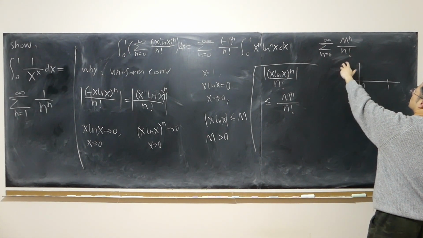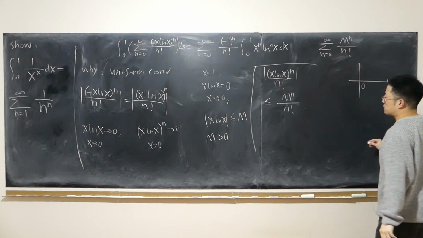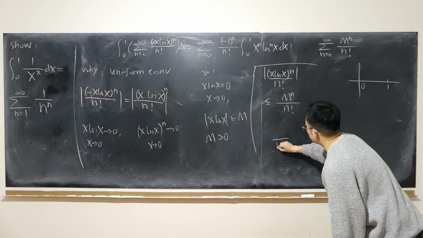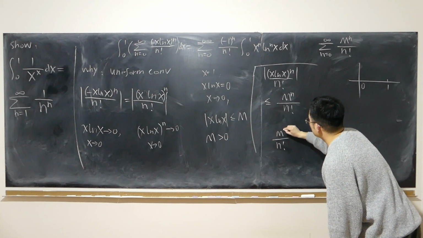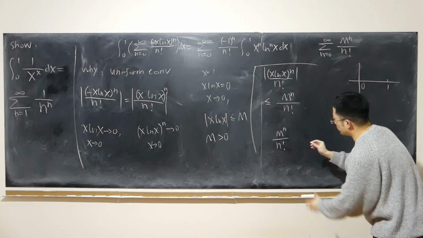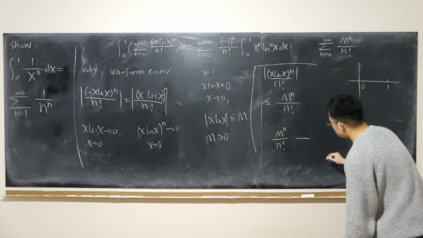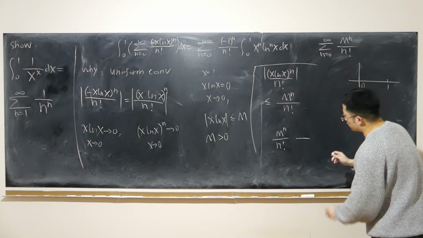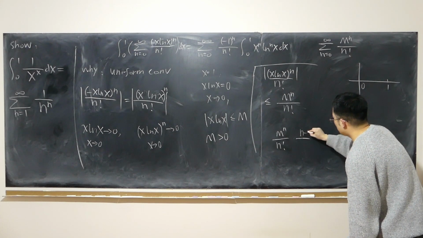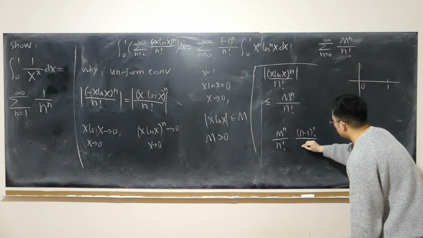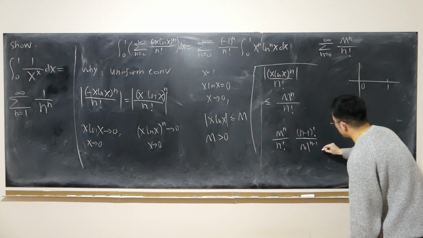Perhaps use the ratio test: divide by the previous term, that is, multiply by the reciprocal of the previous term, n minus 1 factorial times M to the power of n minus 1.